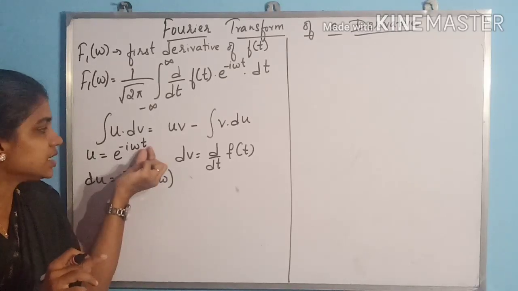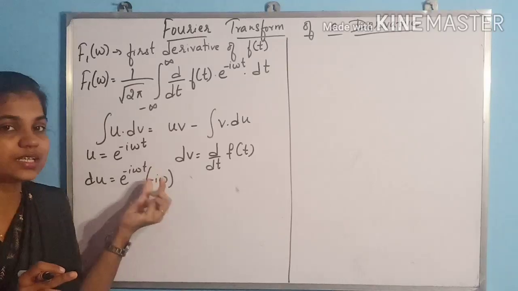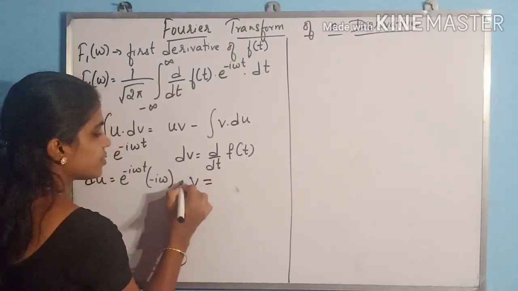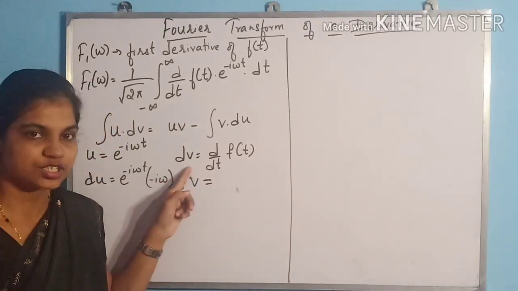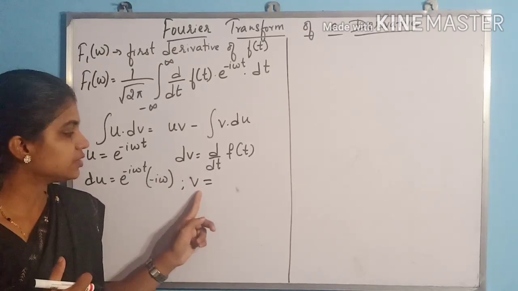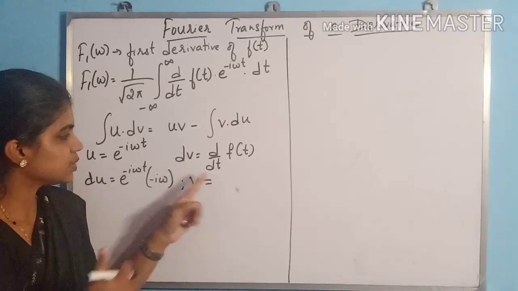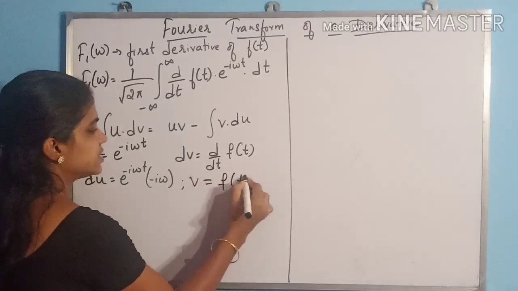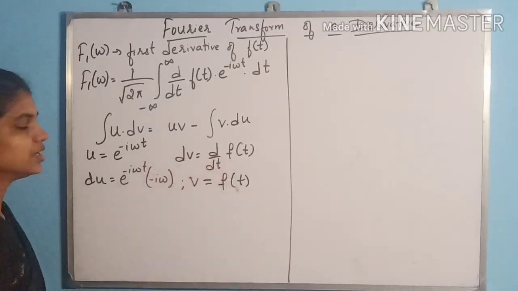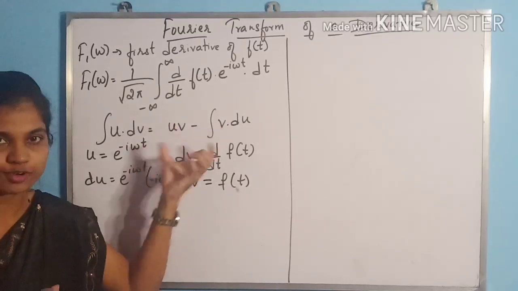So here minus i omega becomes constant and dt by dt is 1. Right? So what is v? The integration of a differentiation gives me the original term. So if I want to find v, I have to integrate this. When I integrate this, I get v equals f of t. Right? So this is our u, v, du and dv. So we have to only substitute in the formula.